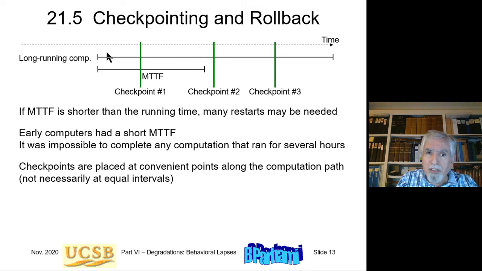So there's maybe a sorting phase, then there's some other operation, and so on. And it's more natural to insert checkpoints at the end of one of these phases. However, for simplicity in the analysis that I'll show you in a few minutes, we'll assume equally spaced checkpoints, so that I just want to make a point, even though the example is not very practical.